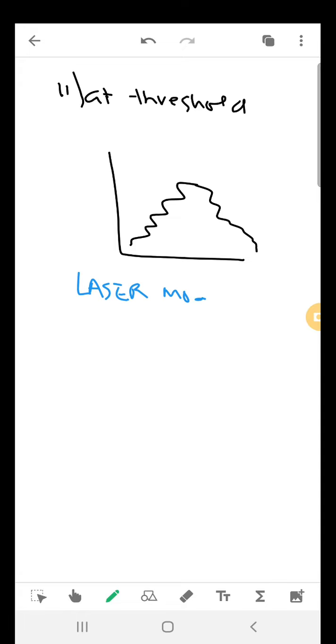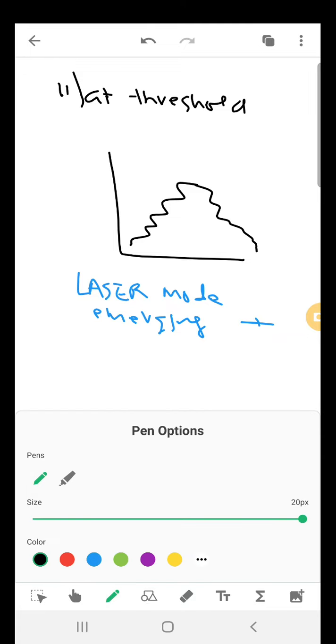That means lasing action has started to take place. And these modes are basically seen in LEDs due to the boundary conditions imposed by the structure. So this is where the lasing action has started to take place.